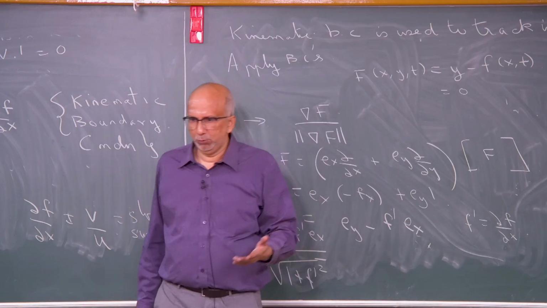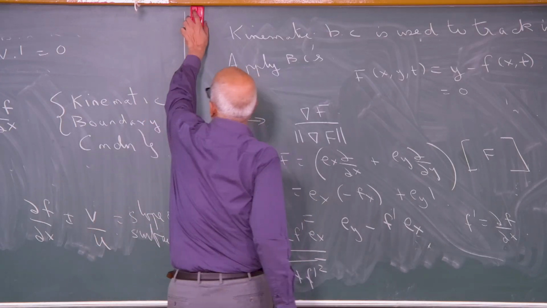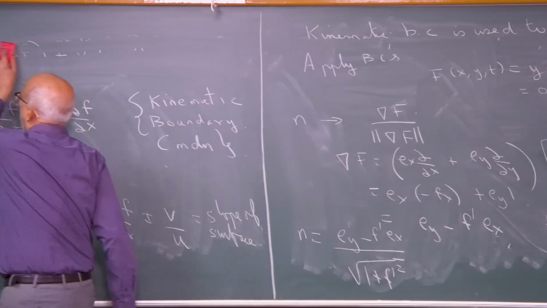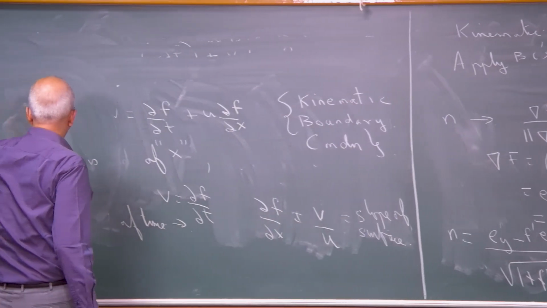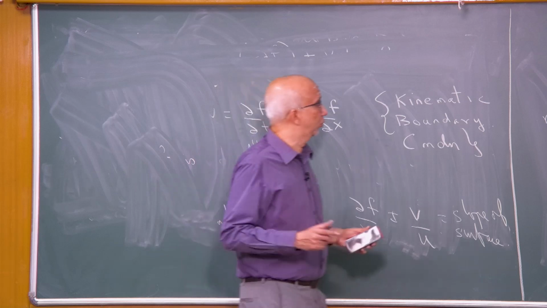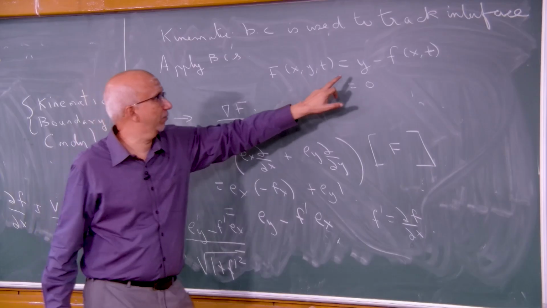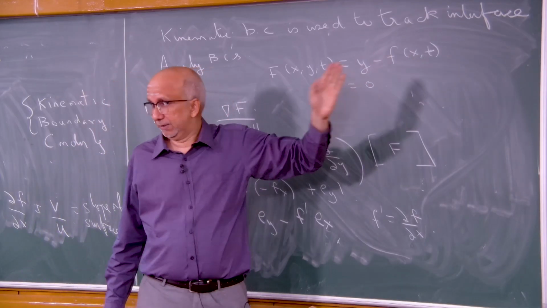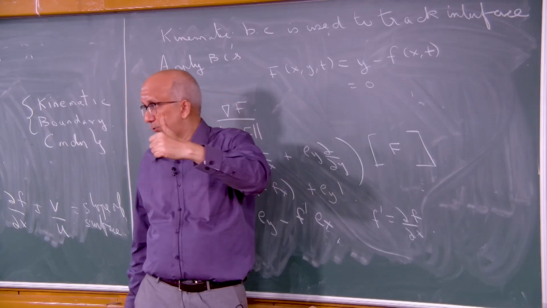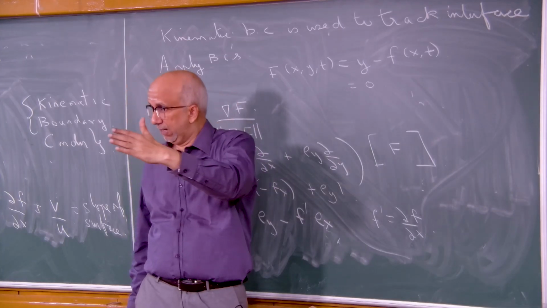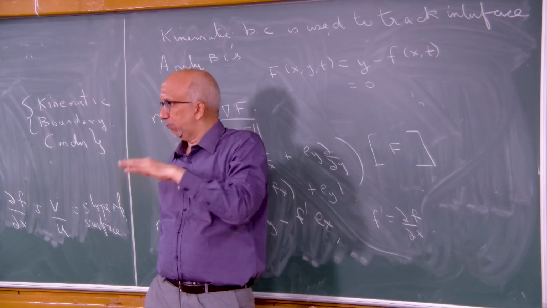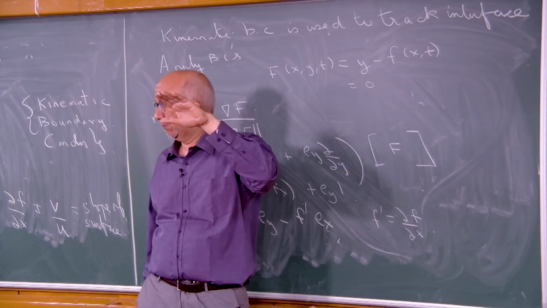You can do it any which way you want, but because this is a simple problem in 2 dimensions, what I really should do is look at F as a function of x, z and t; there is also a z. Now, z I am not considering, because I am saying nothing is changing in the z direction. I am just focusing my attention on a 2 dimensional problem.